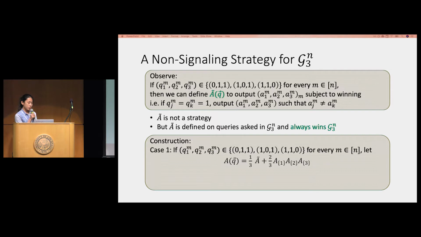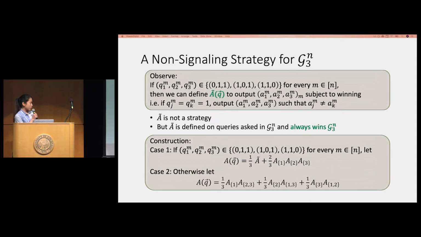And with probability 2/3, we're just going to sample from our size 1 marginals independently. So with probability 2/3, we're sampling completely independent random bits across the 3 players for every instance of the game.